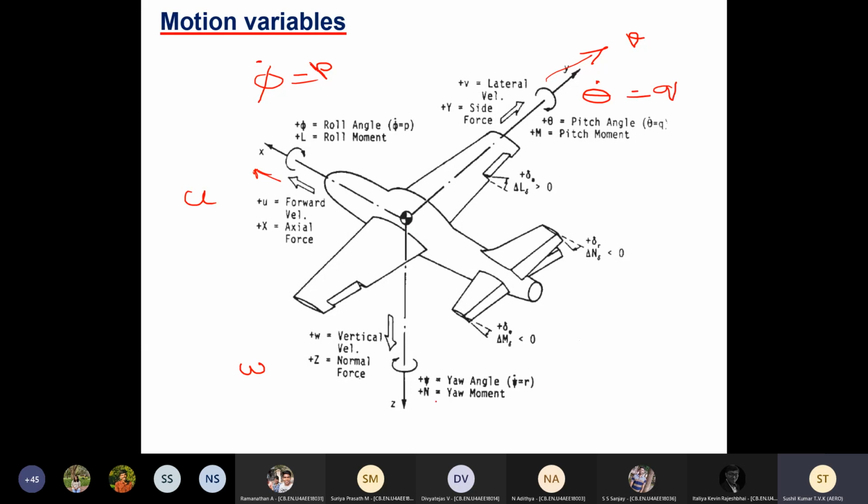About the z-axis, you can yaw with an angle psi, and if you find the rate, it is r. So u, v, w, p, q, r. This is something you have to remember and understand.